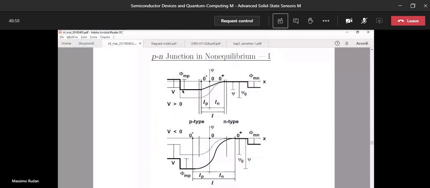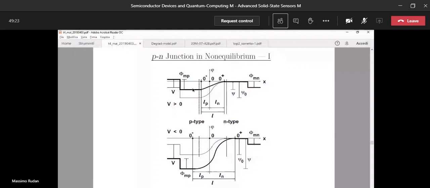Now, we assume that a neutral region still exists, okay? So in this region, the potential will be constant, okay? So we have a horizontal line up to the edge of the space charge region.